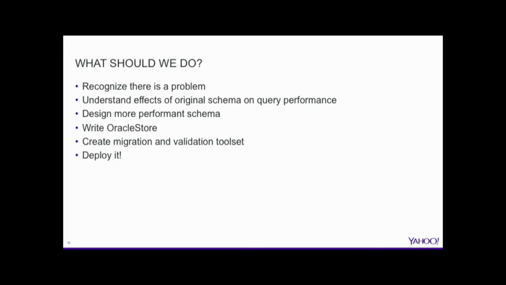The first thing is we'll need some mechanism to take data that's in the existing schema and migrate it into the new schema. The other thing that we'll need is, once the data has been migrated and once we start ingesting new data, some sort of a mechanism to validate the integrity of the data, hopefully comparing it against the data that was in the original schema. So that's our plan.